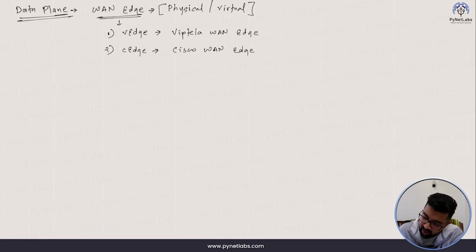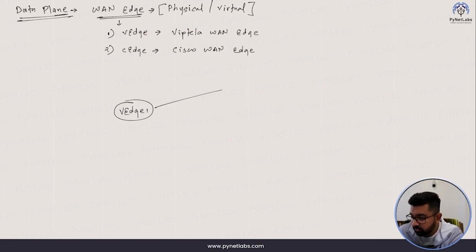If you have one WAN edge device, let's say this is our WAN edge number one, it connects to a couple of transports. So that's our iNet, assuming that it's commodity internet, and then we have MPLS.